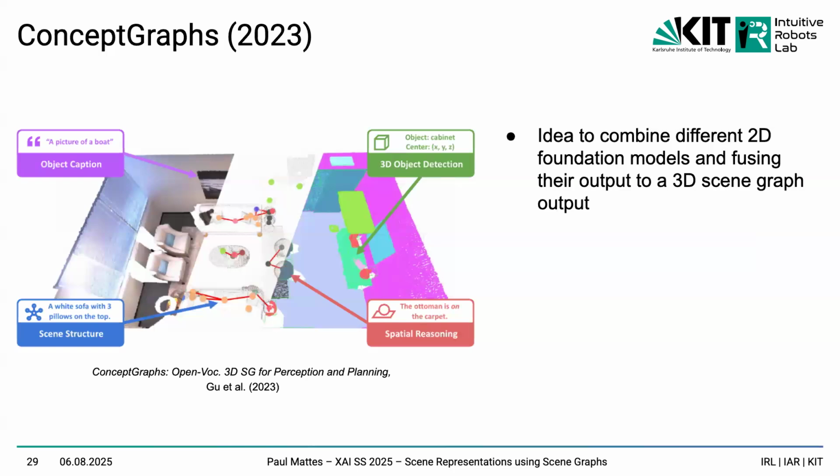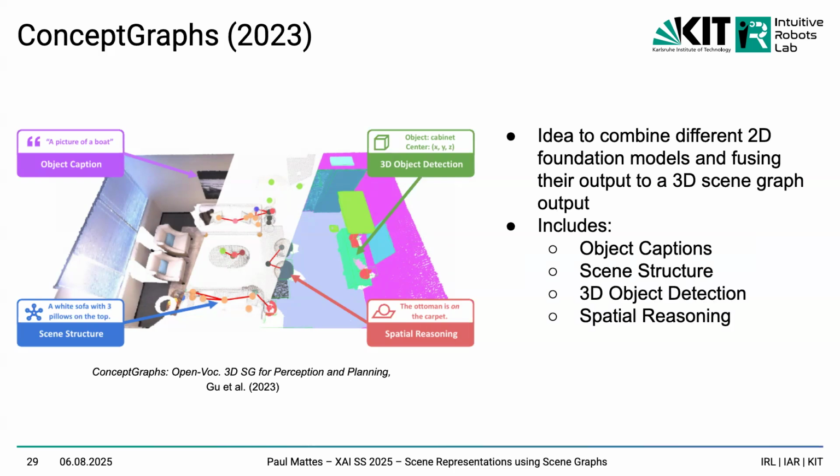The main idea of ConceptGraphs is that for the creation, we actually don't need to train anything, because we use 2D foundation models to create a 3D scene graph. Then we can include object captions, scene structure, 3D object detection, and spatial reasoning, like everything which is in the figure out there.